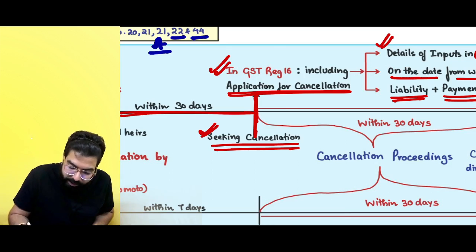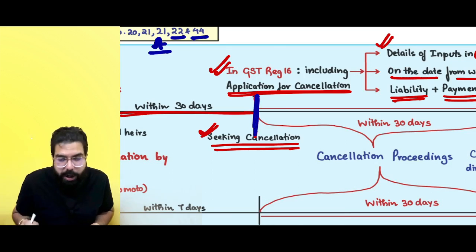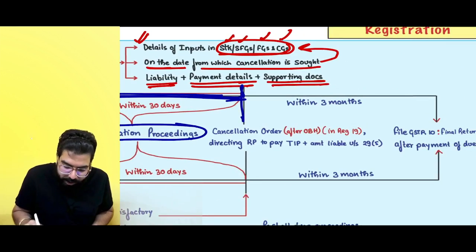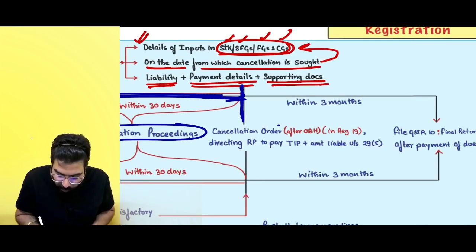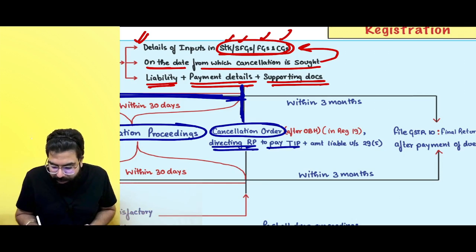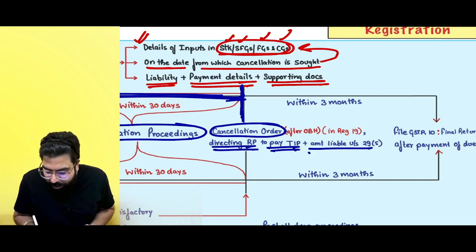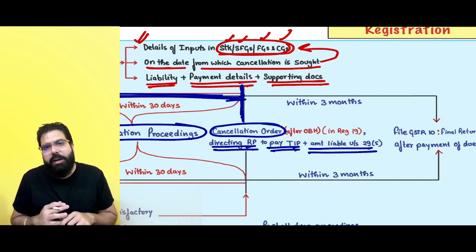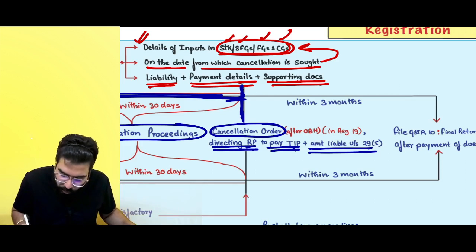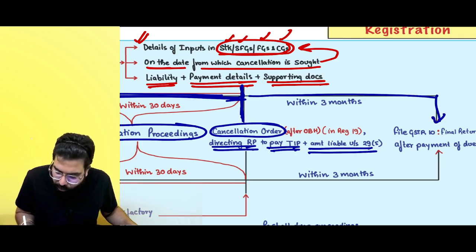Okay sir, now listen to me very carefully. Once you submit your application, they will take 30 days, and during this period your cancellation proceedings will be going on. Once the cancellation is done, a cancellation order will be issued, directing whatever tax, interest, penalty and other amount you are liable to pay under section 29(5), that is your output tax liability or input tax credit, whichever is higher, and within the next 3 months you will have to make the payment.